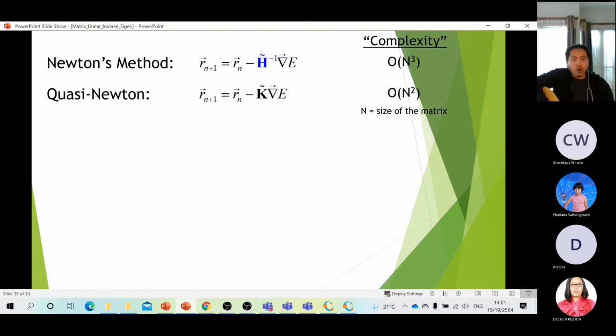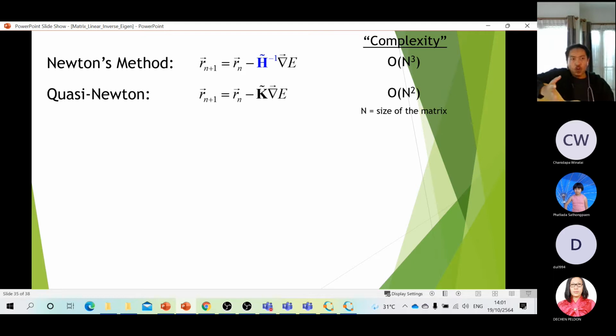For Patrada's research work, she said in the beginning of this lecture that the n is about 100, and therefore the quasi-Newton is about 100 times faster than the Newton method. 100 times faster is a lot.